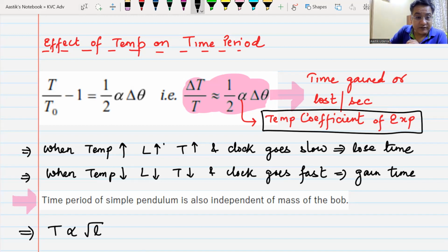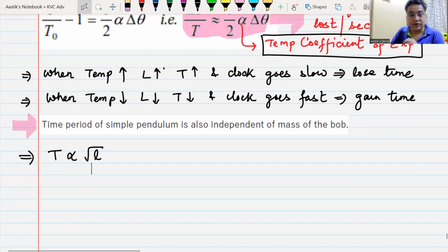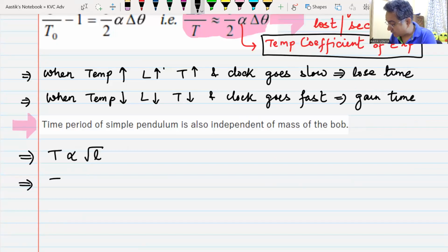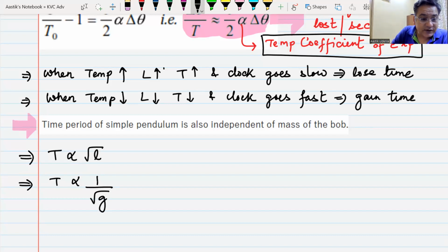And the most important thing, which is going to make a lot of difference, time period is proportional to 1 by root over G. It depends on acceleration due to gravity, and because it varies with root over G, it can become different in different cases.